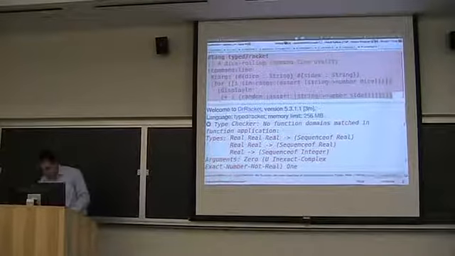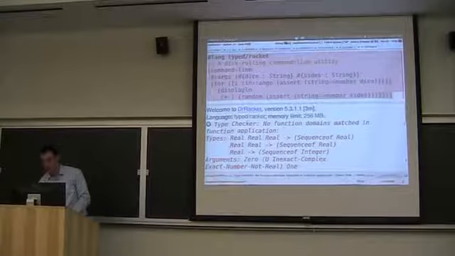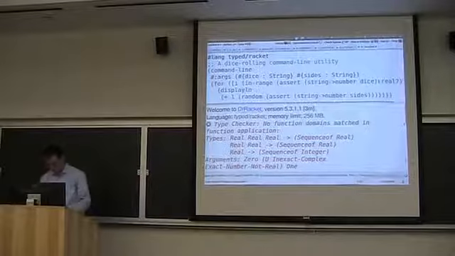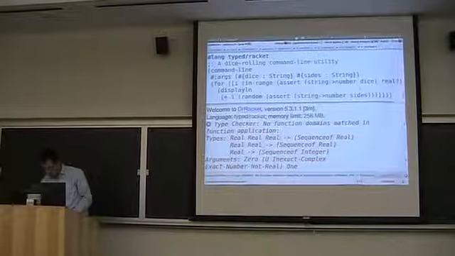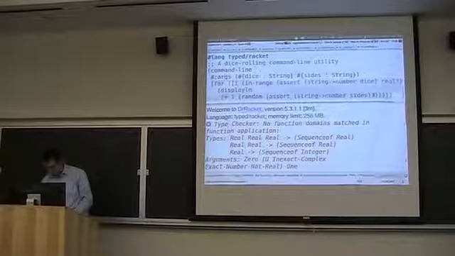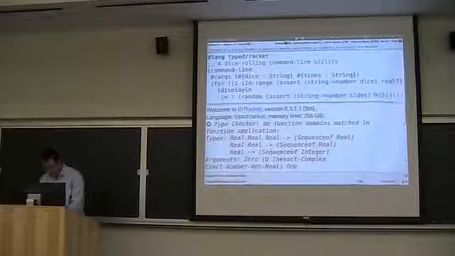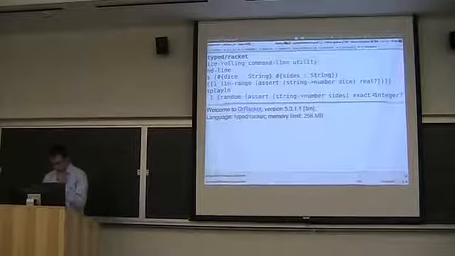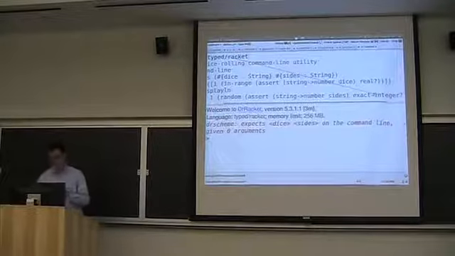So we're going to assert not just that this isn't false, but that this is a real number. And we're similarly going to assert that what we get here is an exact integer. And now our program type checks.